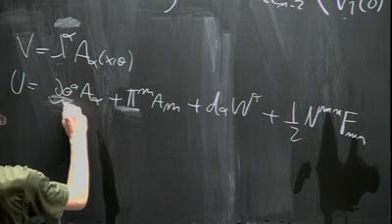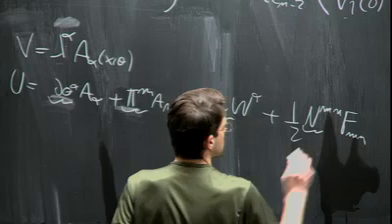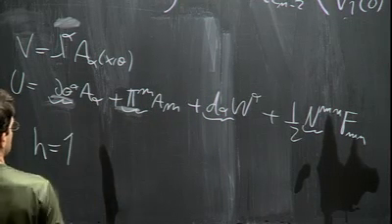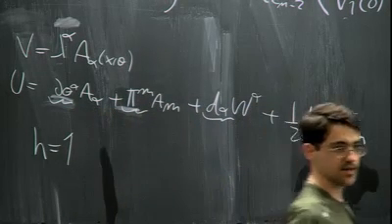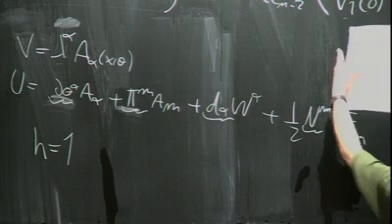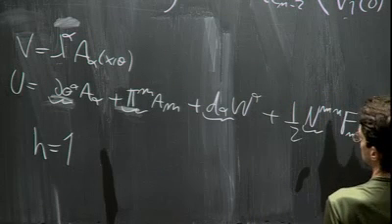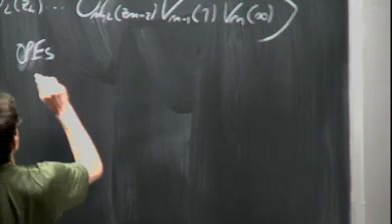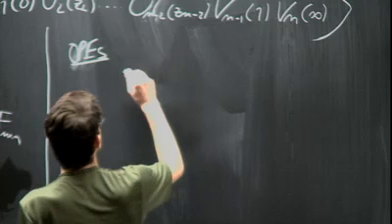But these guys here have conformal weight 1, and they are going to be eliminated from the correlation function using the OPEs. I will just write a few of the OPEs that we are going to use.